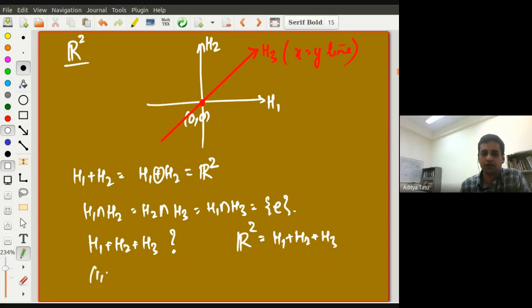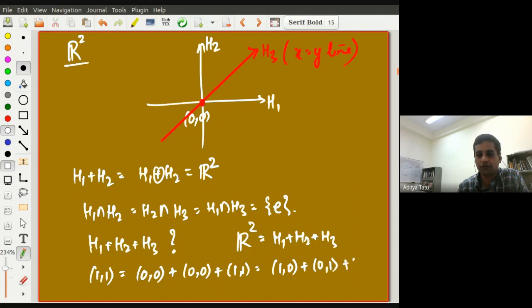For example, (1,1) I can write as (0,0) plus (0,0) plus (1,1). I can also write it as (1,0) plus (0,1) plus (0,0). So you can see the issue here: the representation is not unique, even though this condition is satisfied.